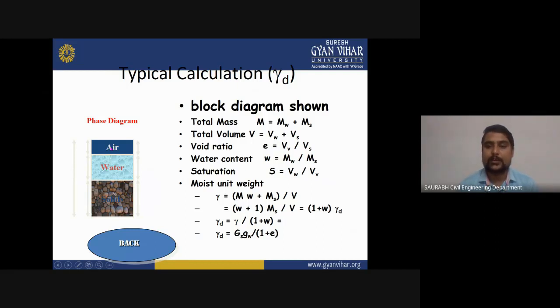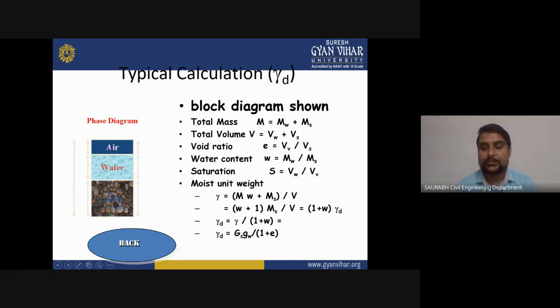Total volume will become VW plus Vs, and void ratio e will be Vv upon Vs, which is volume of voids upon volume of solids. Water content will be MW upon MS, and degree of saturation will be represented by VW upon VV.